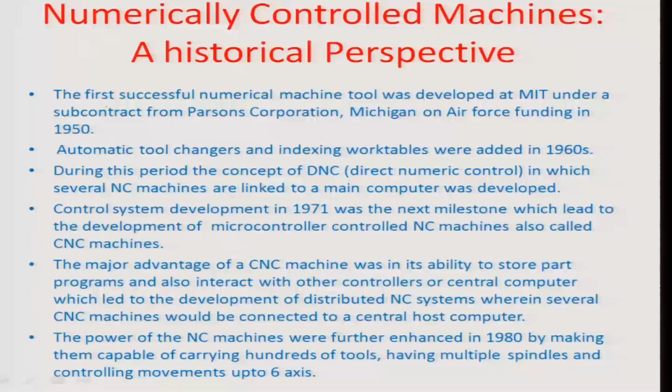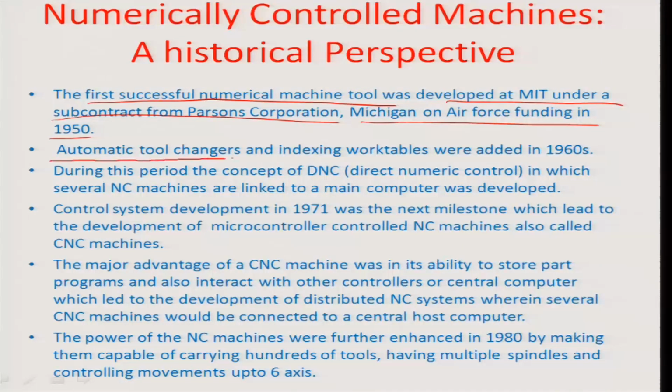And obviously there were some great breakthroughs after this controller device was launched. One of them was the first numerical control machine, which was developed at MIT under a subcontract from the Parsons Corporation, Michigan, on Air Force funding in 1950. There was also the development of automatic tool changers and indexing work tables that were added to the CNC machine in 1960, and then it started an era of manufacturing.